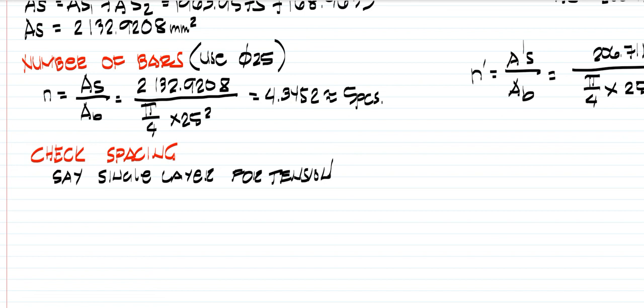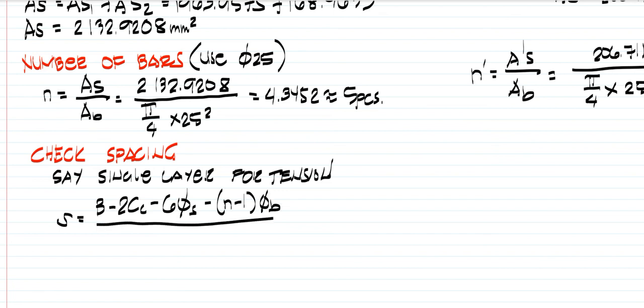So kapag chinek natin single layer yung tension, so RS will be equivalent to B minus dalawang concrete clear cover minus 6 na diameter ng stirrups minus N minus 1 times diameter ng bar divided by N minus 1.